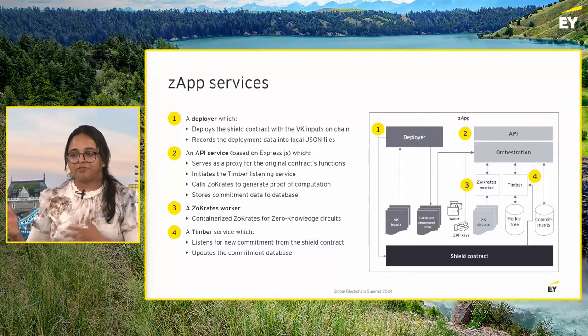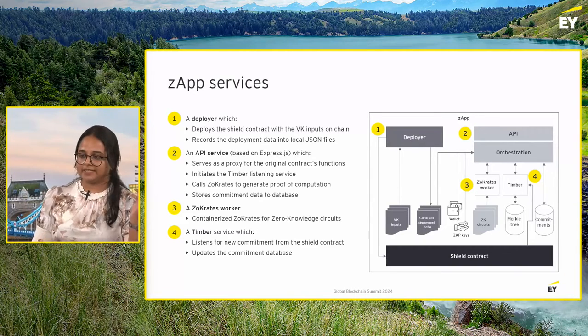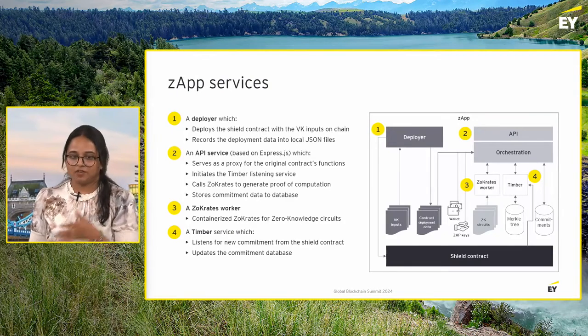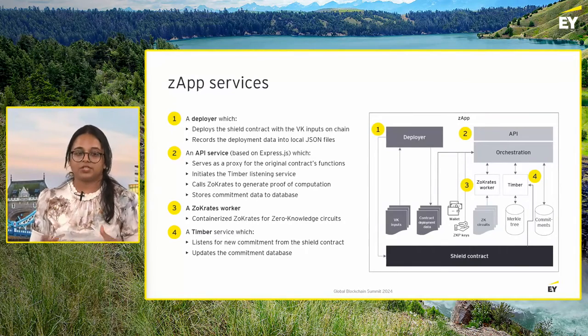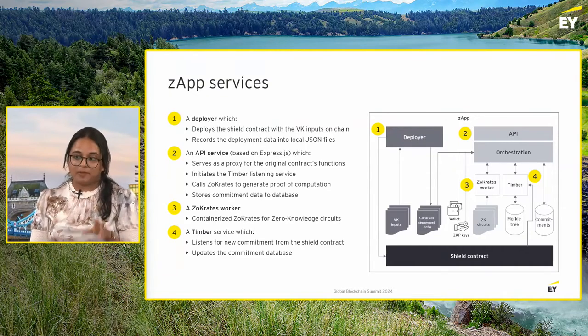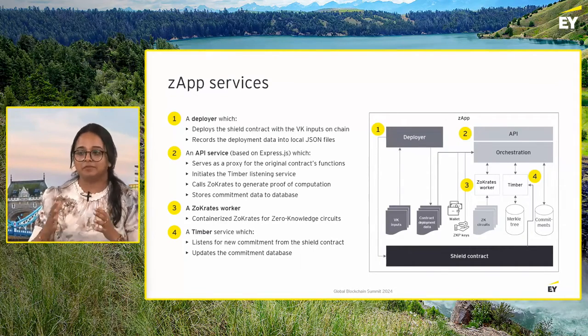Then, after the verification from the shield contract, it updates the commitment database. The next service, as we have zero knowledge circuits, is the Socrates worker, which is a containerized Socrates for these circuits. Last but not least, and one of the most important services that we have, is Timber.